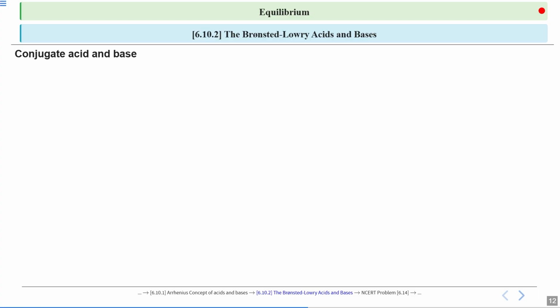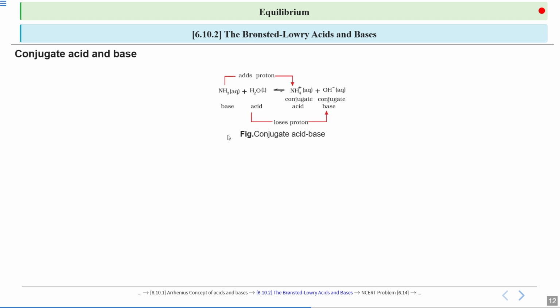Next is the most important discussion of these three concepts, which is conjugate acid and base. This is very, very important to understand. You can consider the same example for understanding this. We have taken this reaction of ammonia with water. In this reaction, if you want to know what your conjugate acid base pair is, how would you decide it?